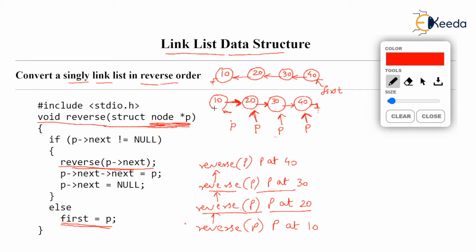But now we are asking first to point to the node where P is pointing, first equal to P. So first will now point wherever P points. That means first is going to point to 40. I guess you are understanding. So that is how 40 has become the first node, due to the line first equal to P.